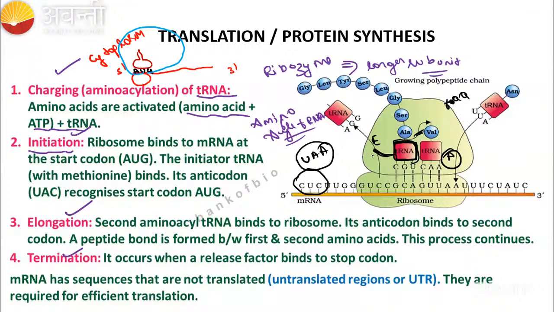Now what will happen? Some factors will bind to this stop codon. Termination factors bind to this stop codon. Now the termination is going to happen. The release factor will be there, and when the release factor is identified, it is going to release the protein.